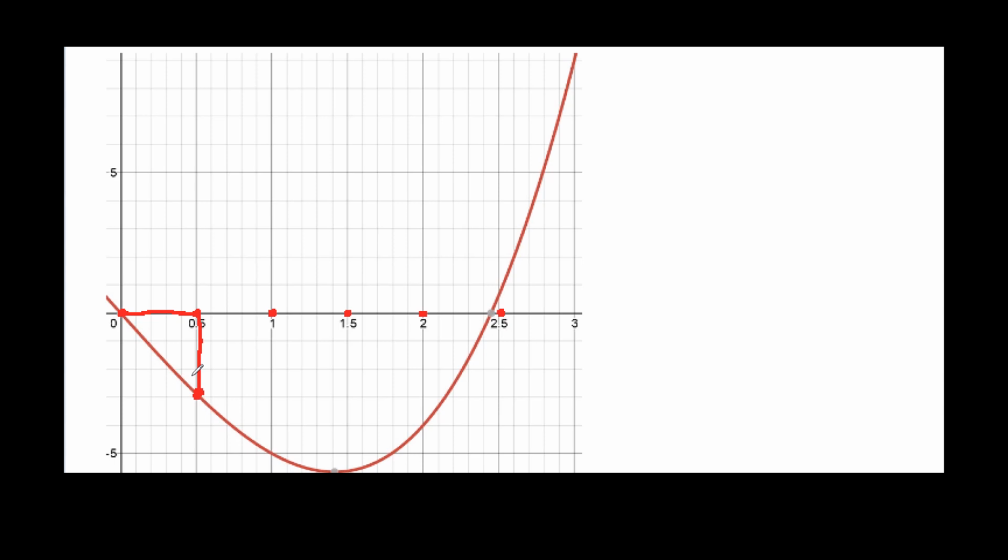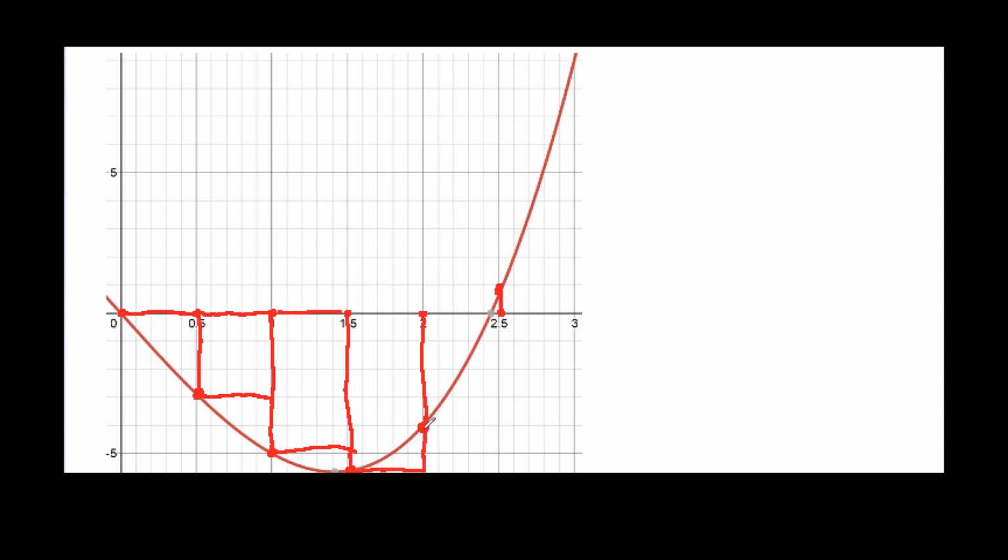But we understand that we do get a function value that will create our rectangle. And we proceed for all of our partition points to find the function values, and then to complete them to our rectangles.